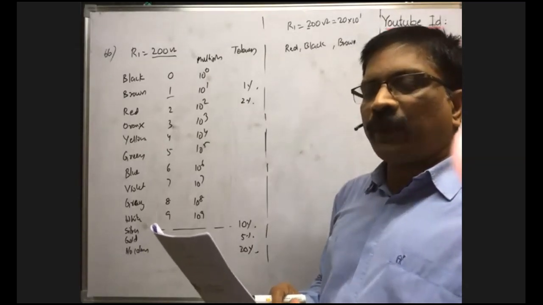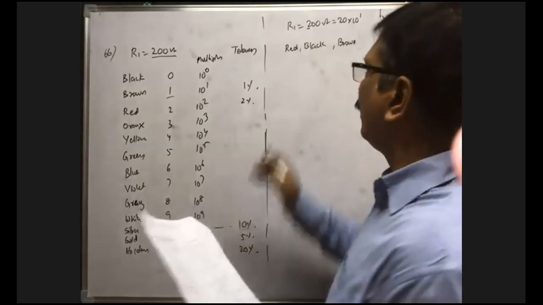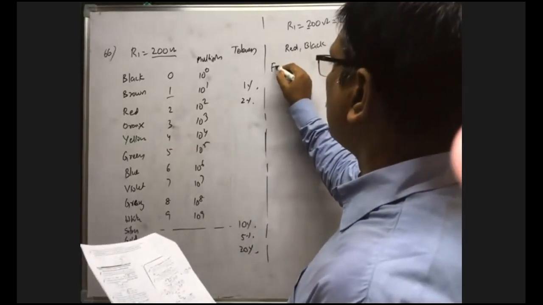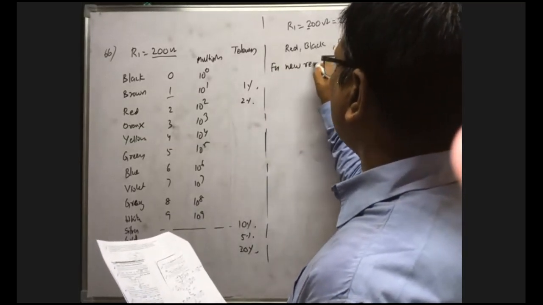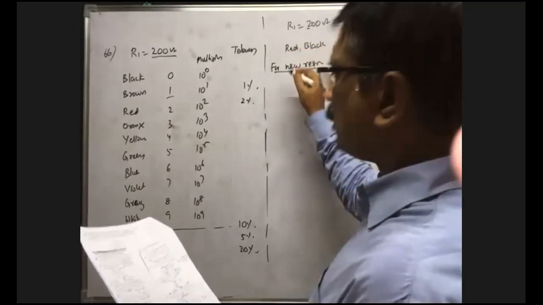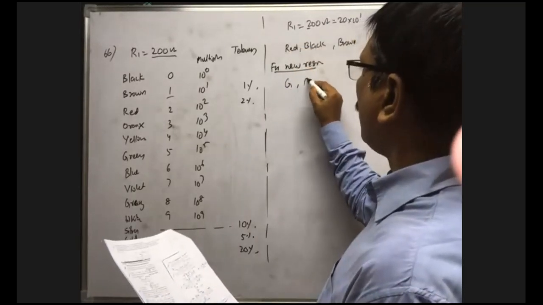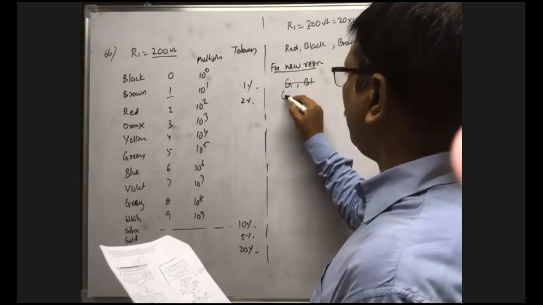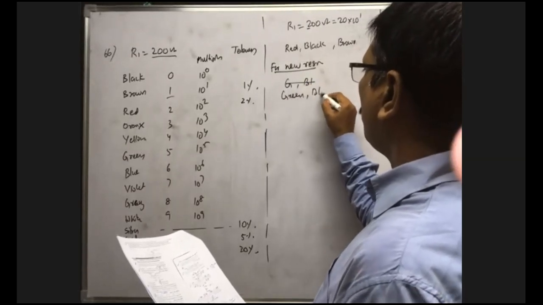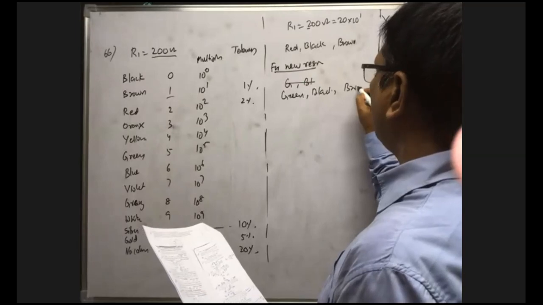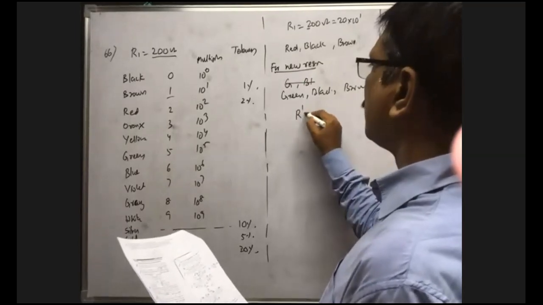If one replaces the red color by green, that is, for the new resistor, red is replaced by green. So here it is green, black, and brown, you write clearly. Now what is the resistance for this? R dash is equal to how much?